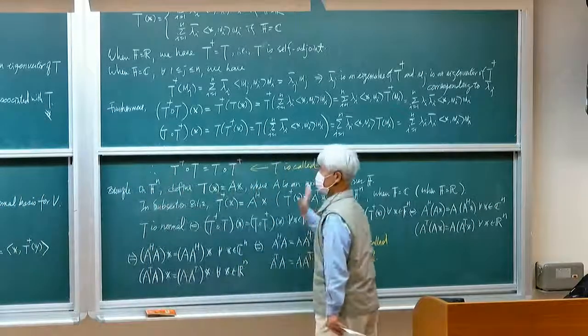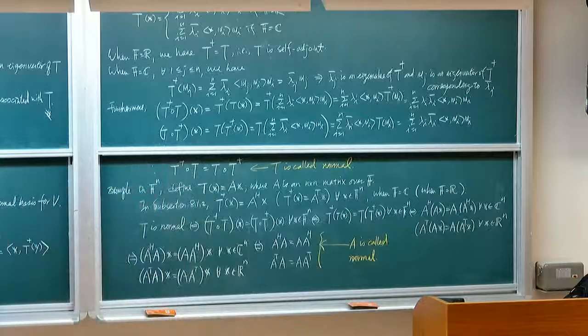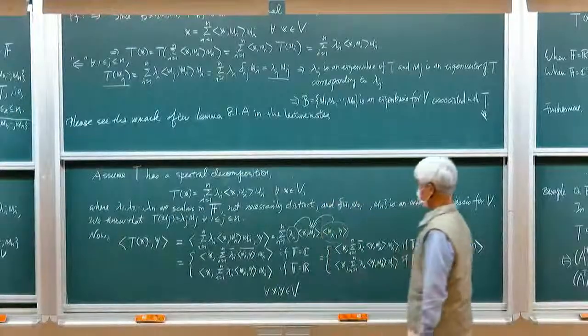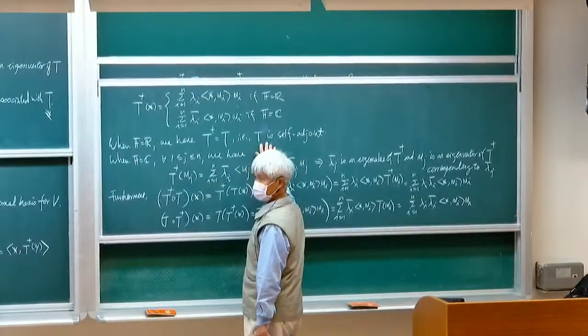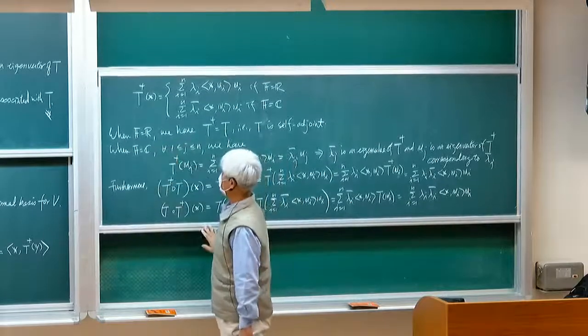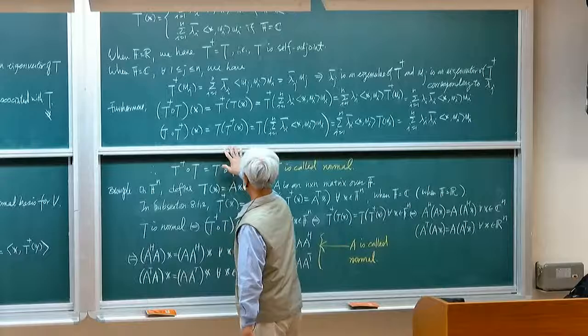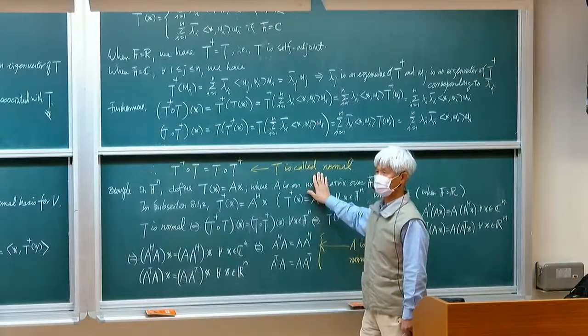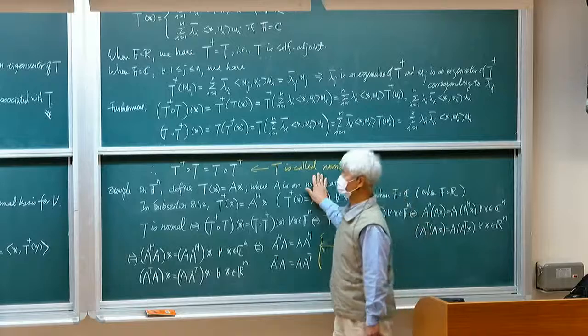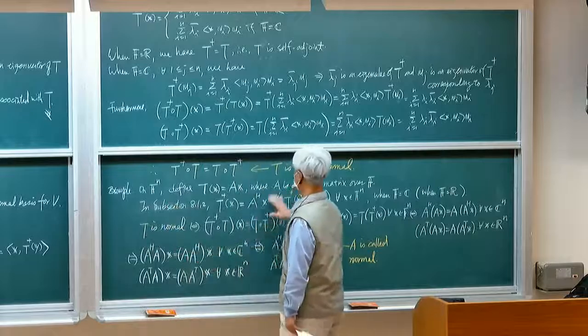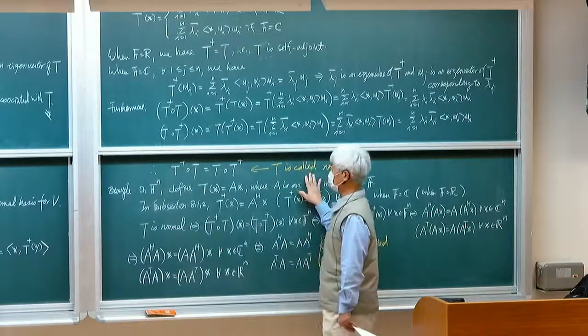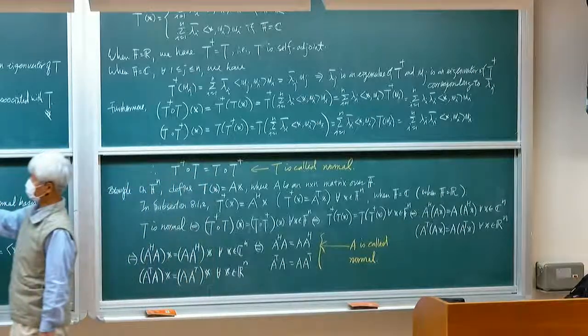Now, spectral decomposition. If T is a linear operator that has a spectral decomposition, then for the real case, the necessary condition is that T must be self-adjoint. For the complex case, T must be normal. So our job is to prove the reverse direction. For the complex case, we want to prove that if T is a normal linear operator, then T has a spectral decomposition like this one.